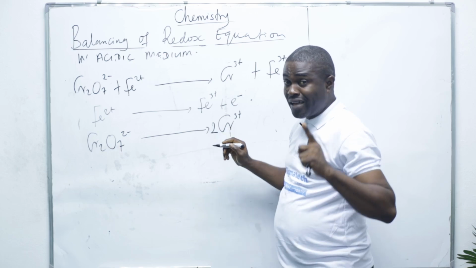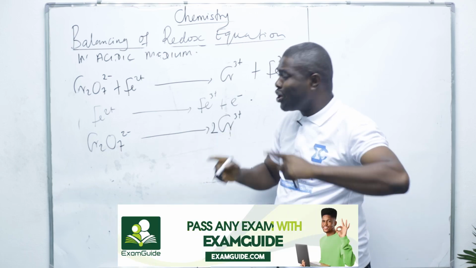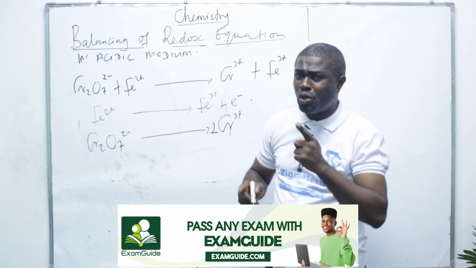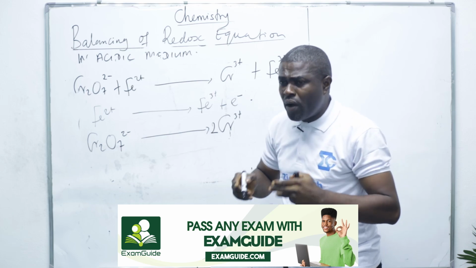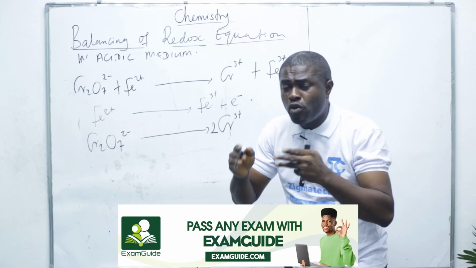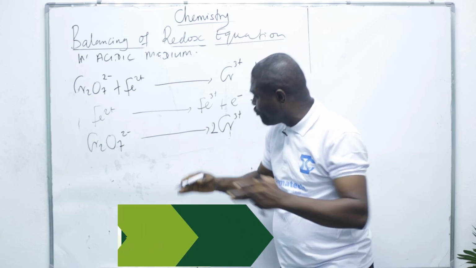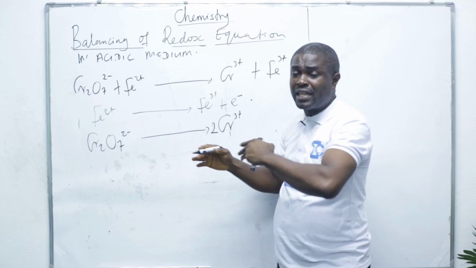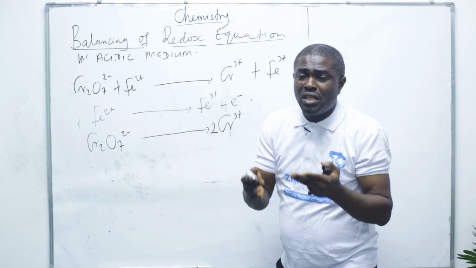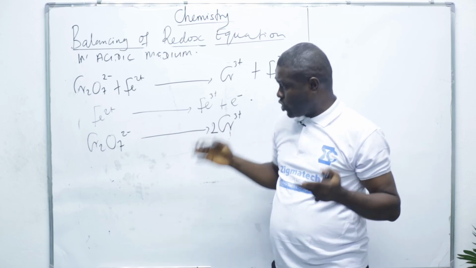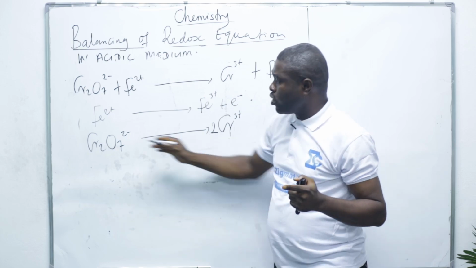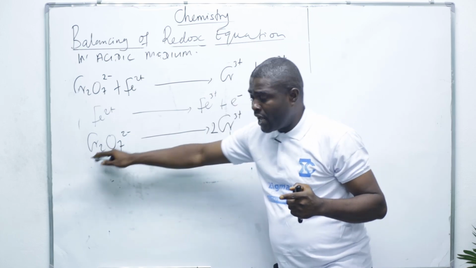You don't tamper with the formula. Where you want to balance in terms of atoms, where you put your number is by the mole side. If you put any number on the other side, that means you have actually changed the stated formula of that compound. So you saw where I put my 2 to make sure chromium has 2 atoms here and also 2 atoms here.